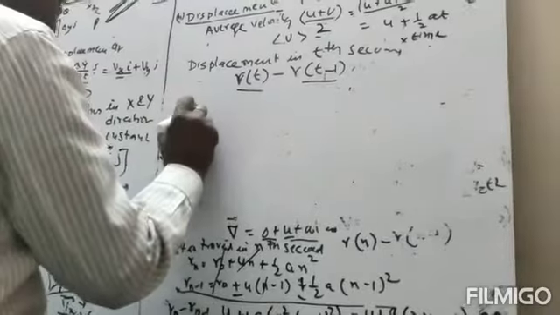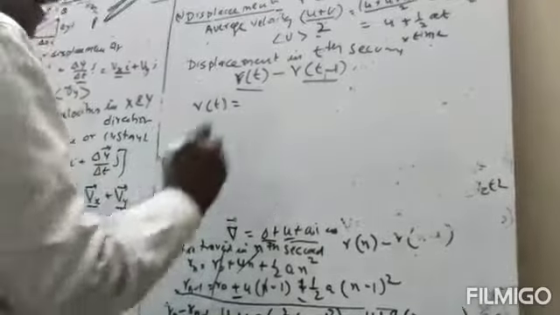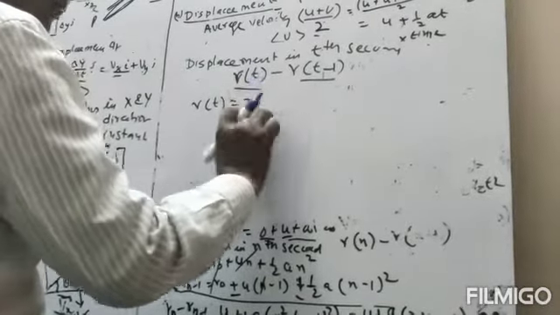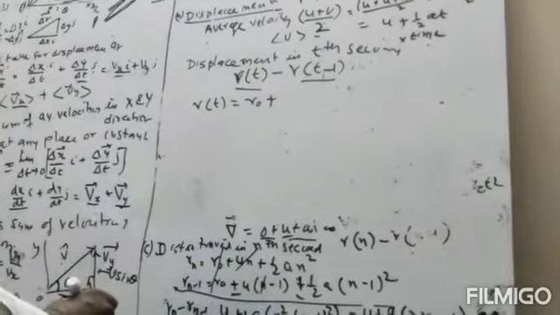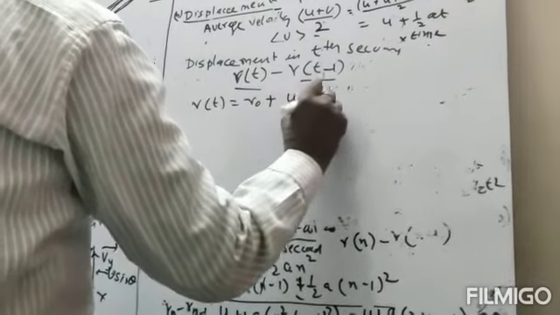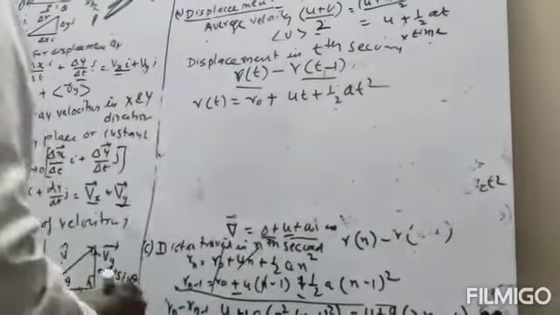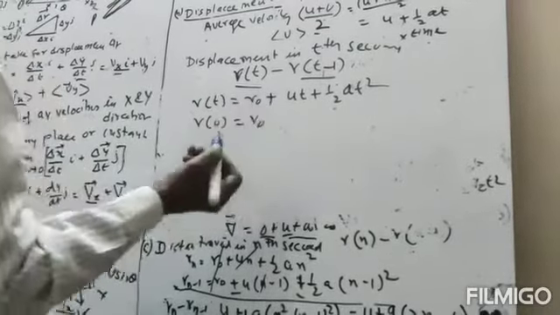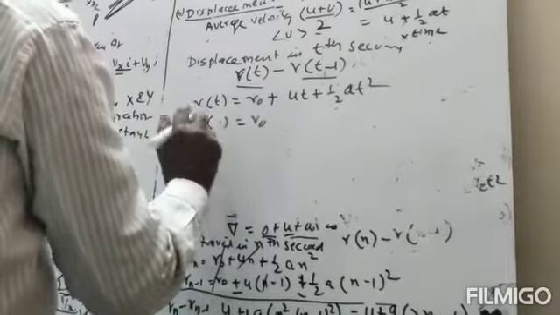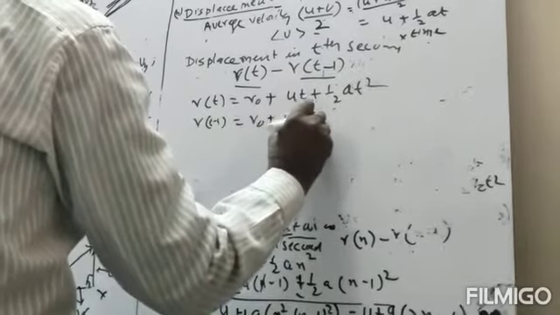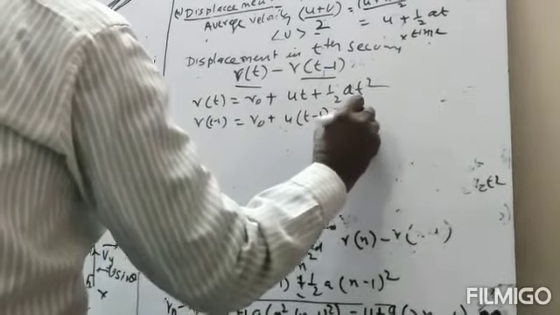What will be r at t? r at t will be equal to r0 plus ut plus half at square. r at t minus 1 will be r0, which is the same, plus u (t minus 1) plus 1 by 2 a (t minus 1) whole square.